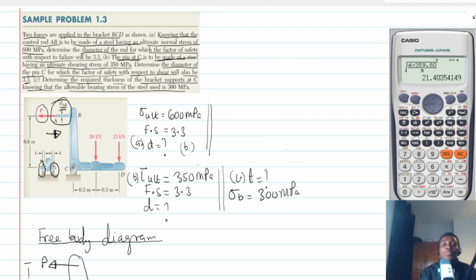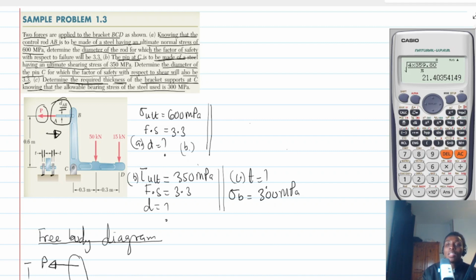Now, the last part of the problem before we go is saying that we should determine the required thickness of the bracket support at C. So this is the thickness, that's what he's talking about.